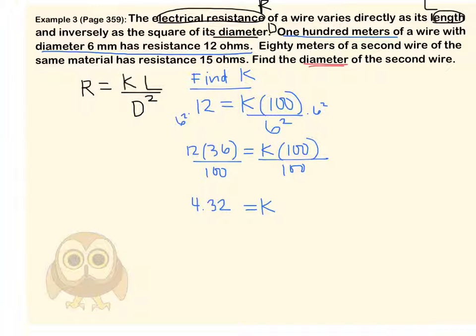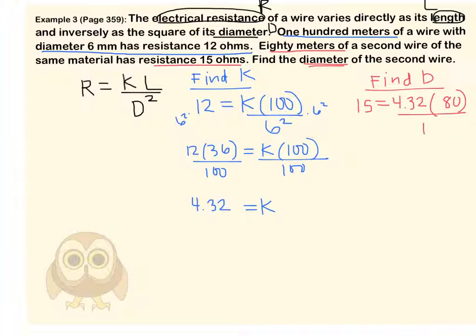Now we use the last sentence to find what we're looking for. So first of all, we're trying to find the diameter. Let's plug in all this information. It says 80 meters of wire, so that's our L. And then what else? Resistance of 15 ohms. So resistance 15. We just learned that our k is 4.32 times the length of 80 that was given in the problem.